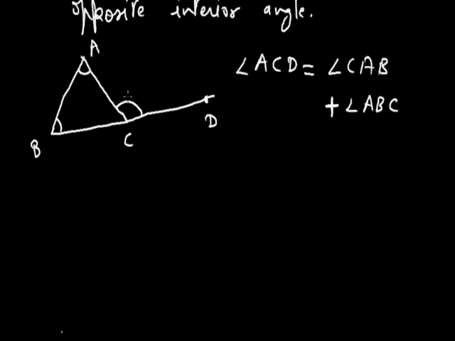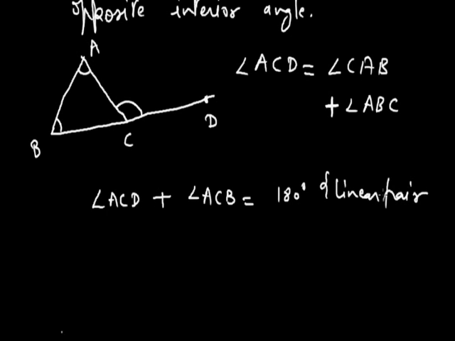Now see here, angle ACD, or the exterior angle C, and the interior angle C, which is angle ACB, form a linear pair. So I can write angle ACD plus angle ACB is equal to 180 degrees, because the reason being that they are a linear pair of angles.